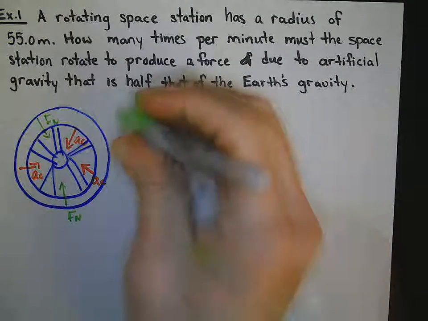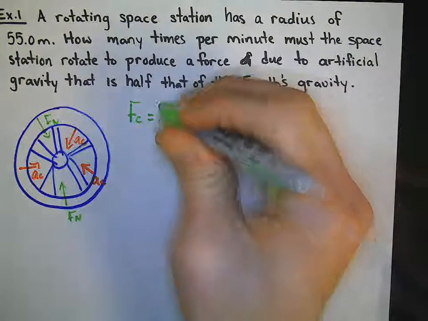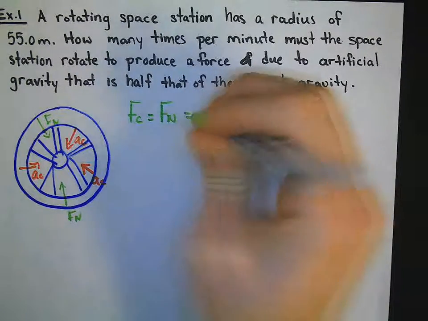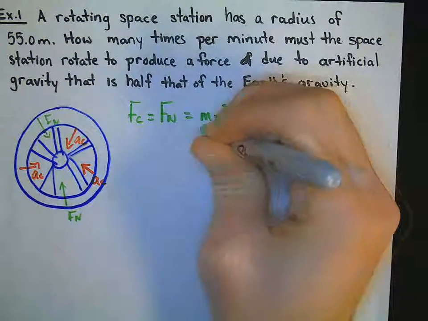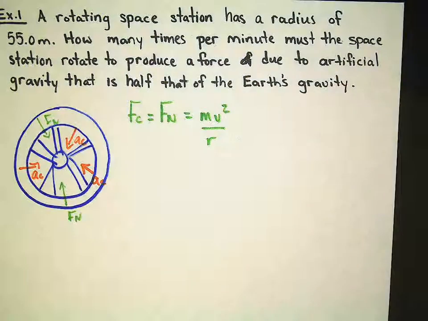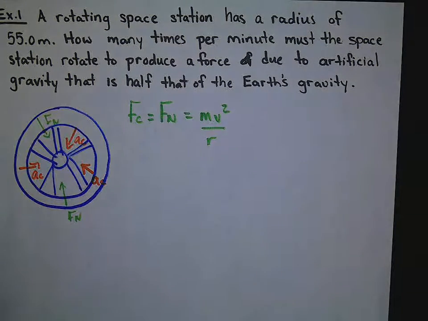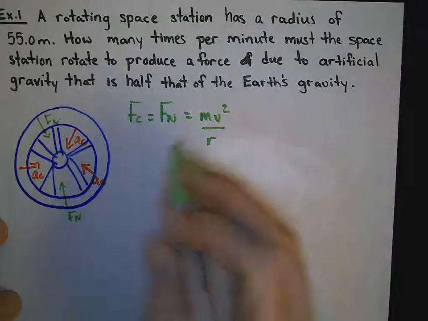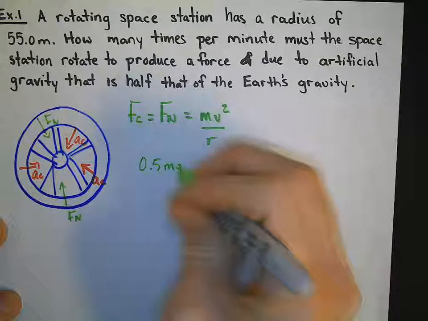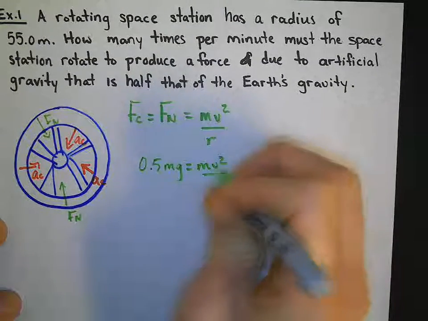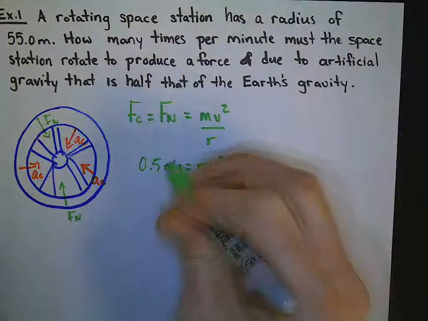So this tells us that our centripetal force in this case is merely equal to our net force, or normal force, which is mv squared all over our radius r. And we know that Fn in this case will be equal to half of Earth's gravity, so 0.5 mg will be mv squared, all divided by my radius r. The m's cancel out on both sides.